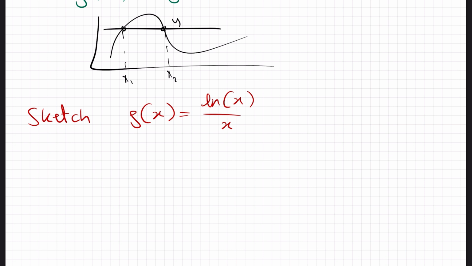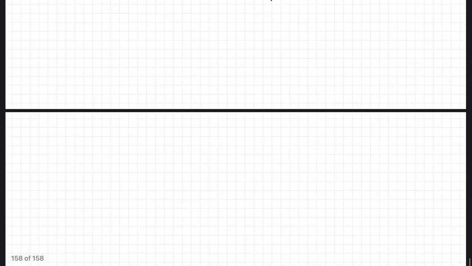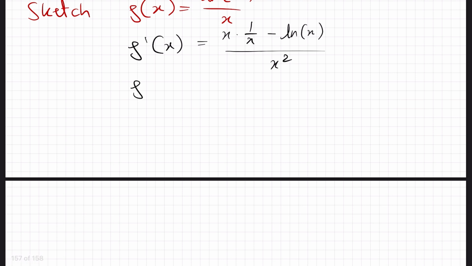So obviously with sketches, you want to find where the turning points are. So let's work out the derivative of this using the quotient rule. So v du, which is just going to be x times 1 over x, minus u dv, which is just 1 times ln x, all over v squared, like so. And we want to find the stationary points, so this is where f dash of x is equal to 0.